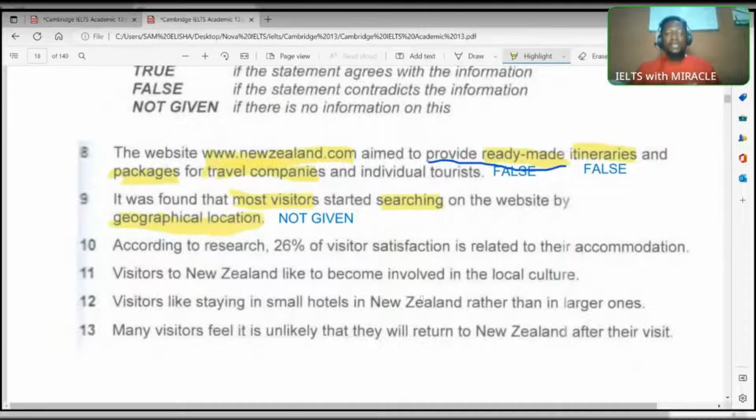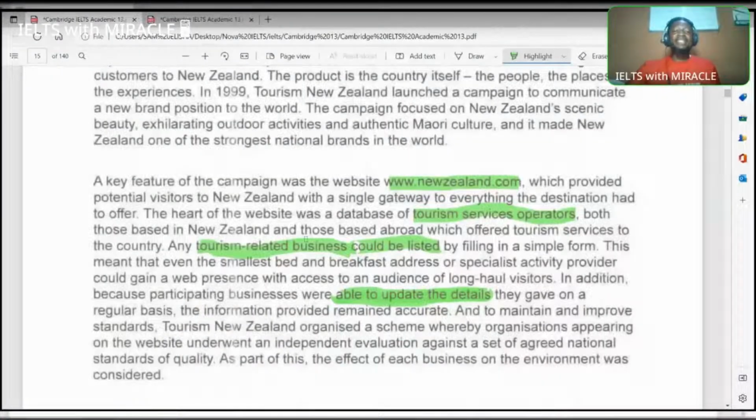Now, but if you look at number 9, of course, where we got not given, we highlighted some keywords like the qualifier here, where they told us most visitors. And then they said started searching on the website by geographical location, most visitors. And it will take us, if you scan properly, you would get the keywords here in this paragraph.